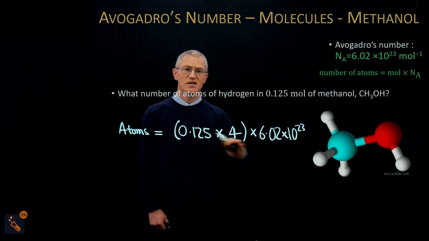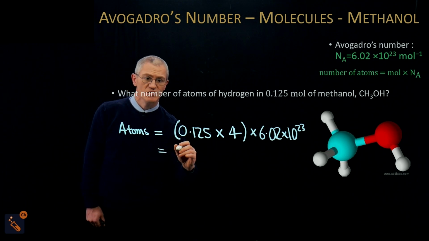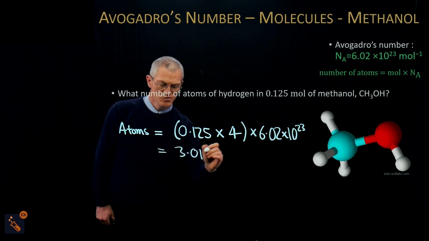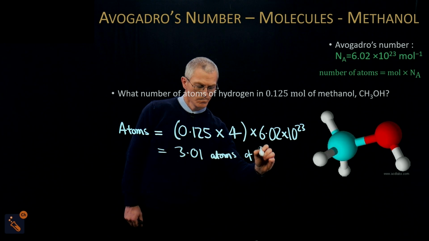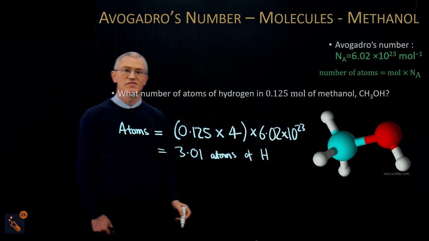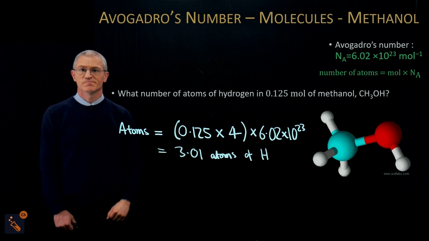That will mean we end up with 3.01 times 10 to the 23 atoms of hydrogen. That's what we end up having. So it's really important you know these ratios.